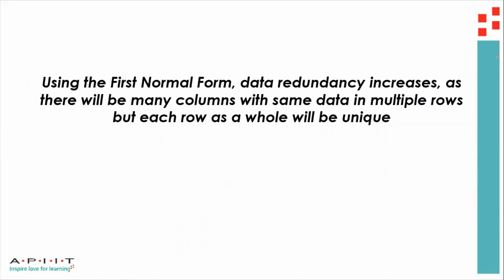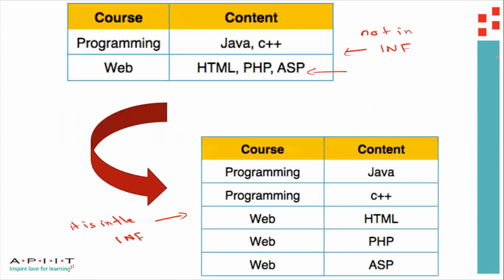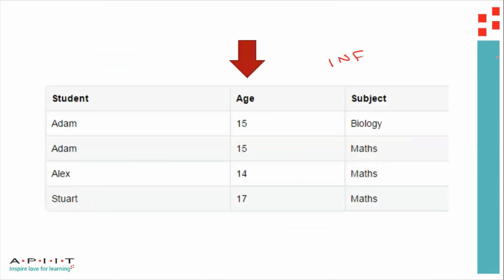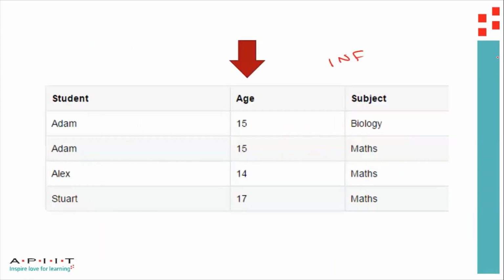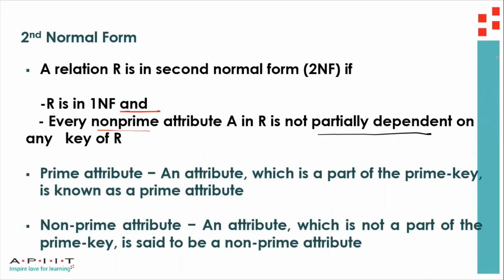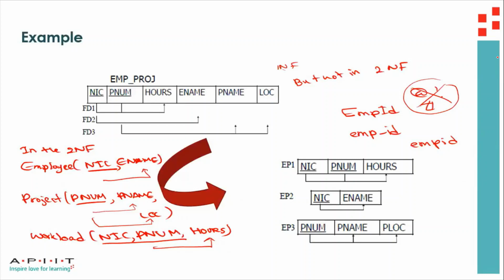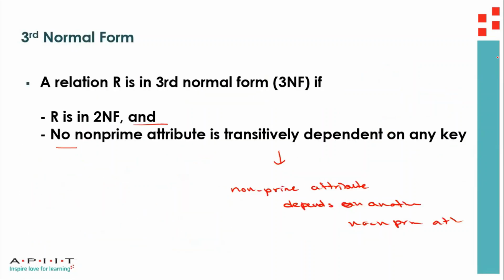Okay, so can you remember now? First normal form is about atomic domains. You can't have any multi-valued domains; those should be atomic domains. Second normal form means the relation should be in first normal form and cannot have any partial dependencies. Third normal form means the relation should be in second normal form and there cannot be any transitive dependencies.